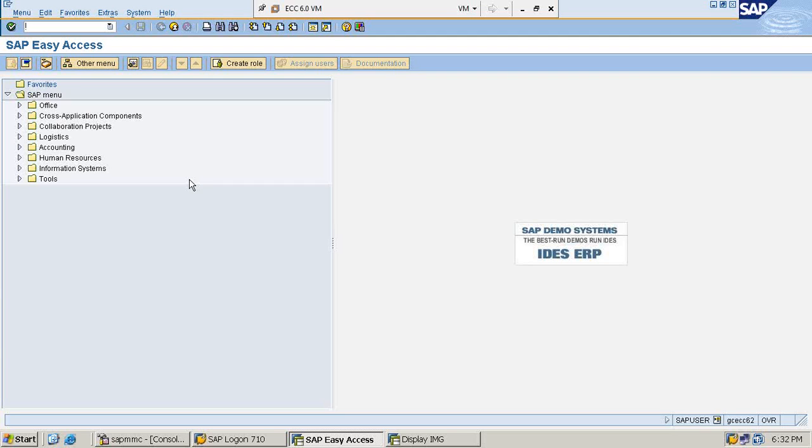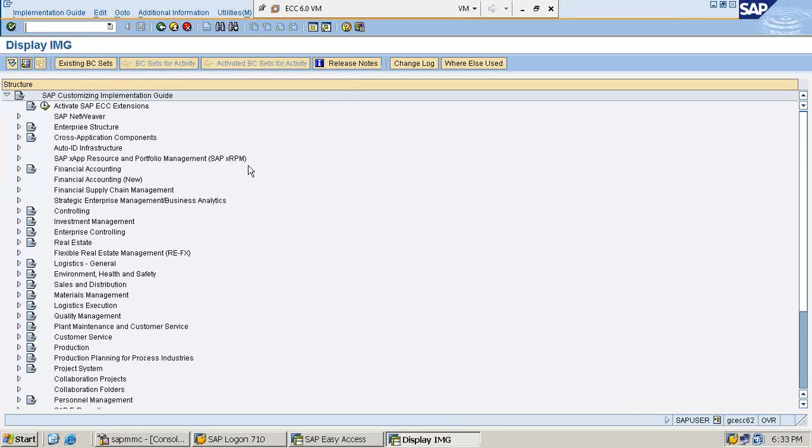As far as SAP is concerned, there are only two screens which we need to remember, not more than that: the Easy Access screen and the IMG screen. Easy Access screen will be used by the end users and IMG screen will be used by the consultants. Clear?